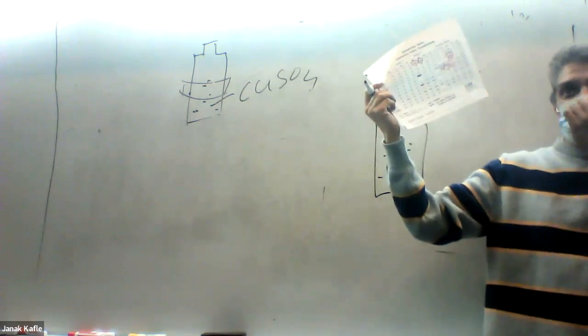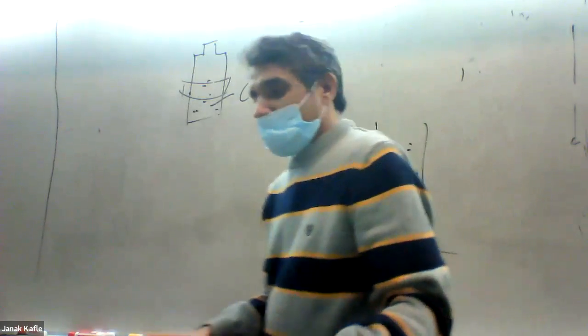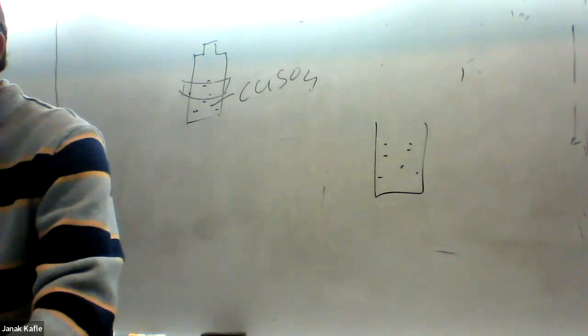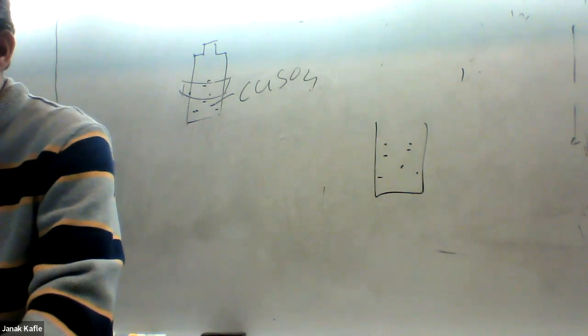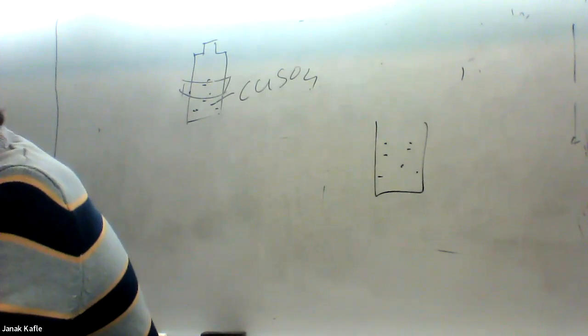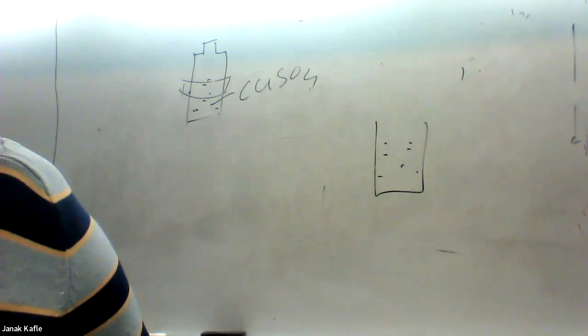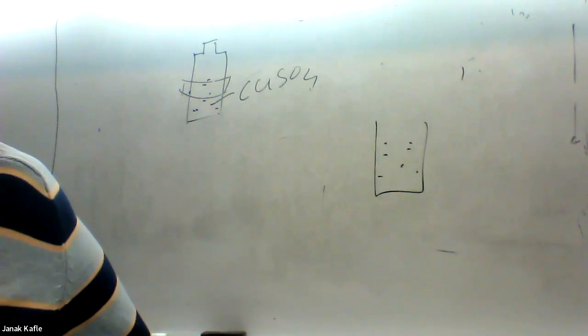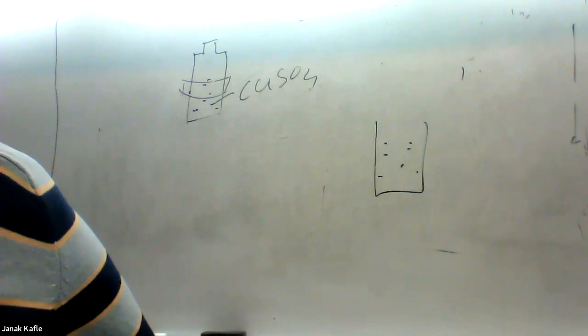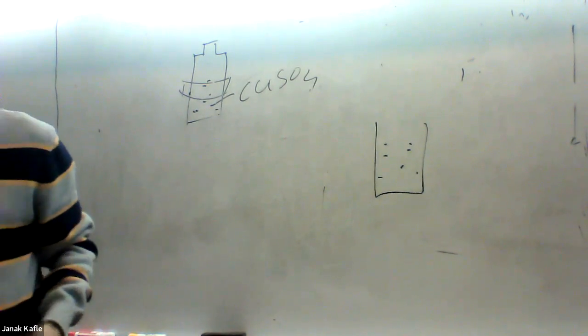I put this chart in the lecture 3 slides. So let's see here, I will show you. So this one, I'm talking about this one. Let's practice a couple of things.